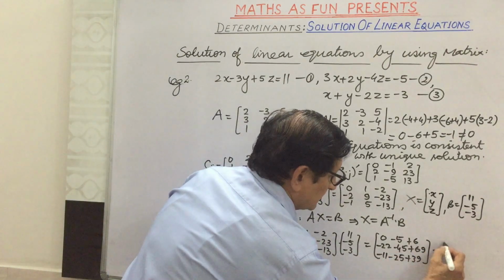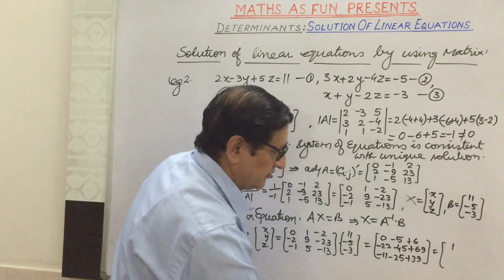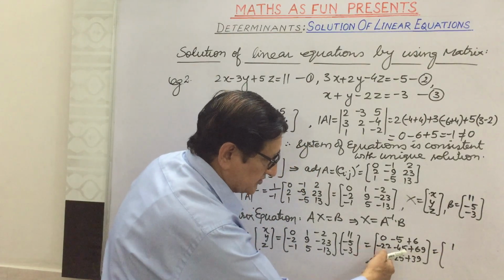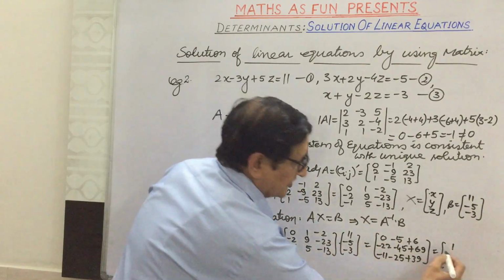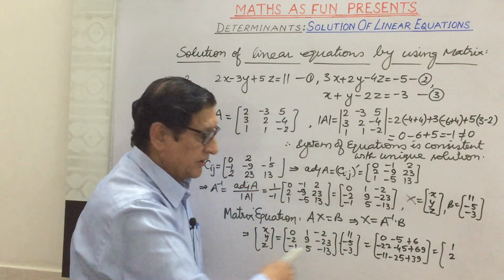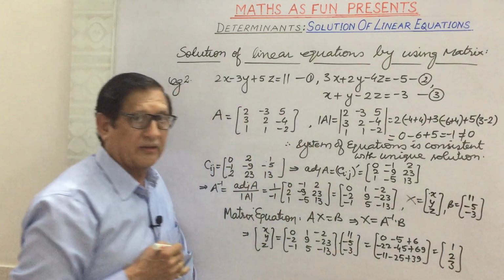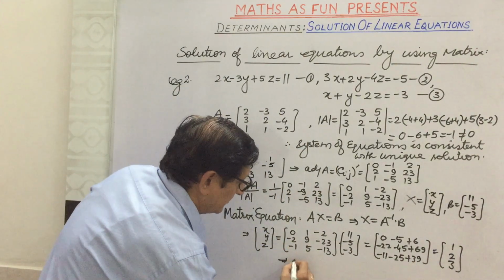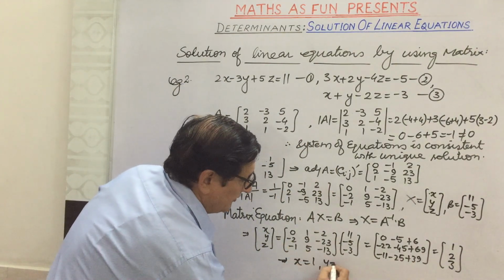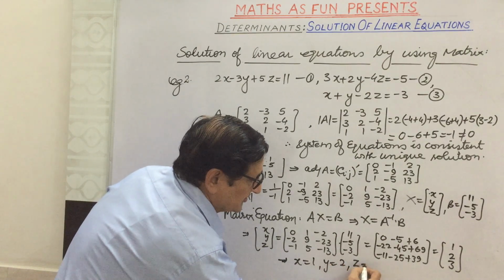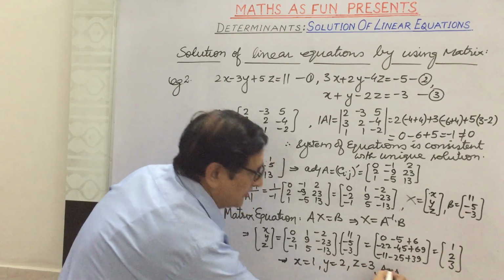Which gives us 6 minus 5 is 1, 69 minus 67, that is 2. 39 minus 36, that is 3. It means we are getting here x is equal to 1, y is equal to 2, z is equal to 3. This is the answer.